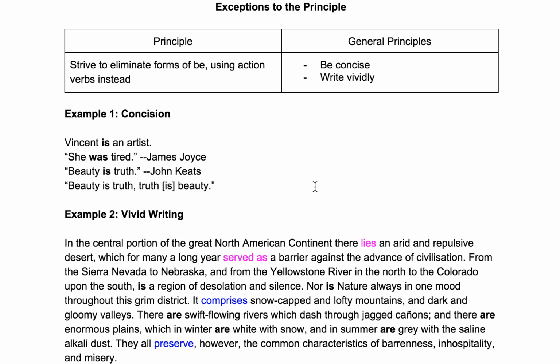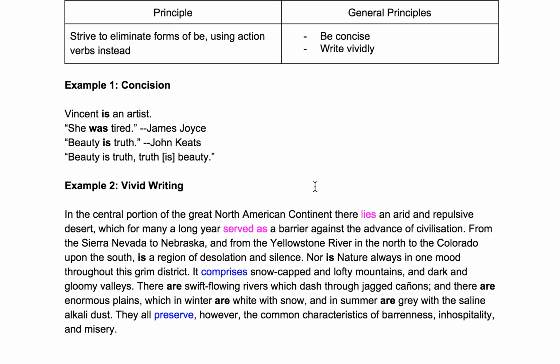Okay. Next exception to this principle of striving to eliminate forms of be: let's take a look at vivid writing. "In the central portion of the great North American continent, there lies an arid and repulsive desert, which for many a long year served as a barrier against the advance of civilization. From the Sierra Nevada to Nebraska, and from the Yellowstone River in the north to the Colorado upon the south, is a region of desolation and silence.